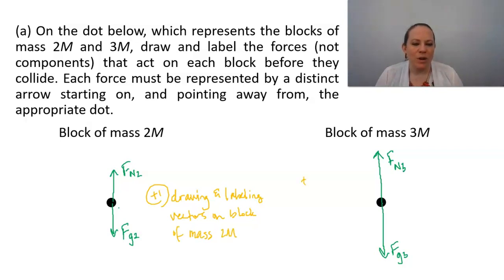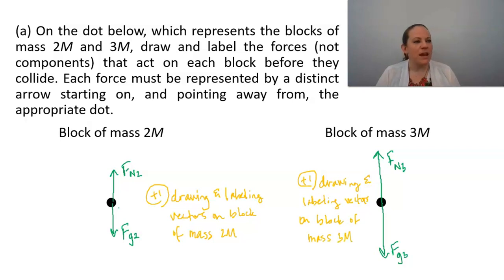And then likewise, we're going to have another point for drawing and labeling vectors on the block of mass 3m. And then an important note is that there is a maximum of 1 point that can be earned if there are any extraneous vectors.